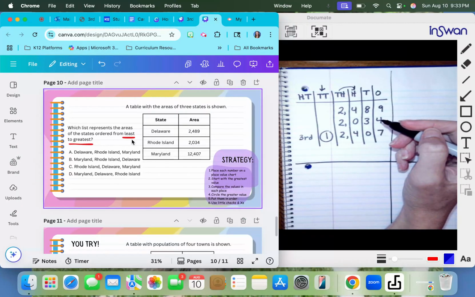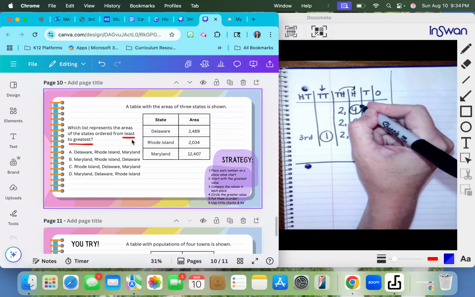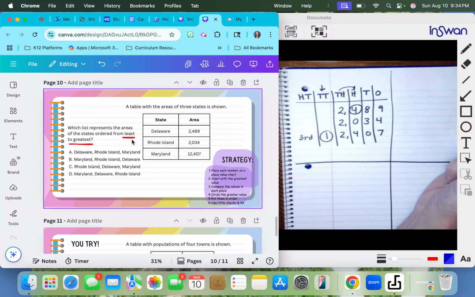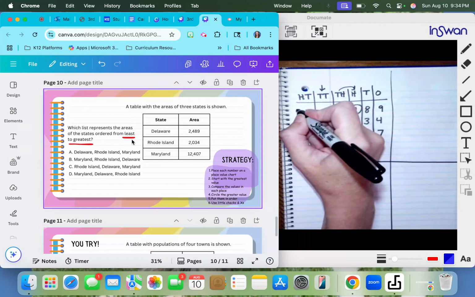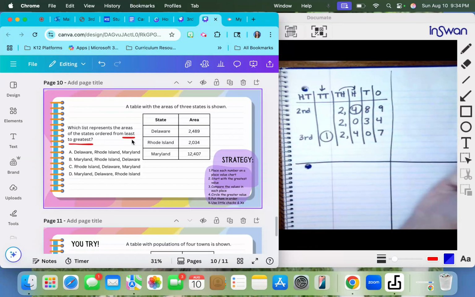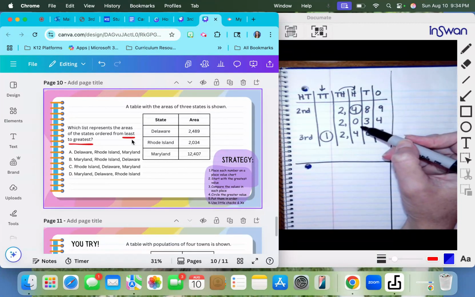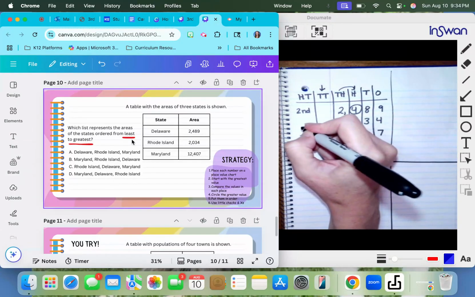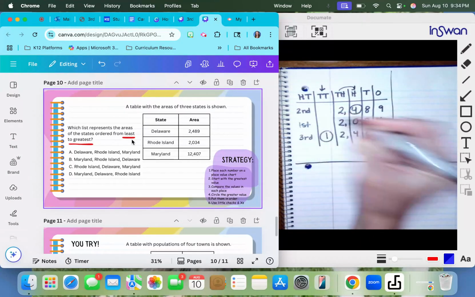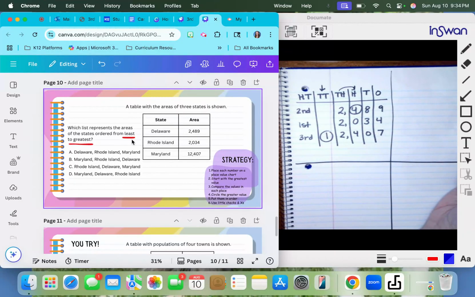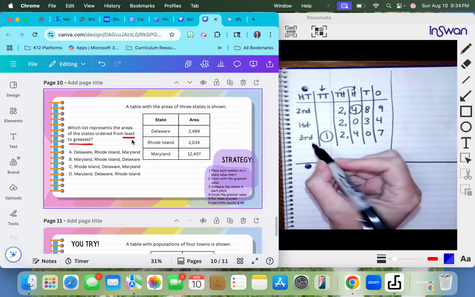Who's greater? Well, 400 is greater. And where do I want the next greatest number if we're doing it from least to greatest? He's going to be in second place. And then now we know our least number that's going to be in first place is 2,034.